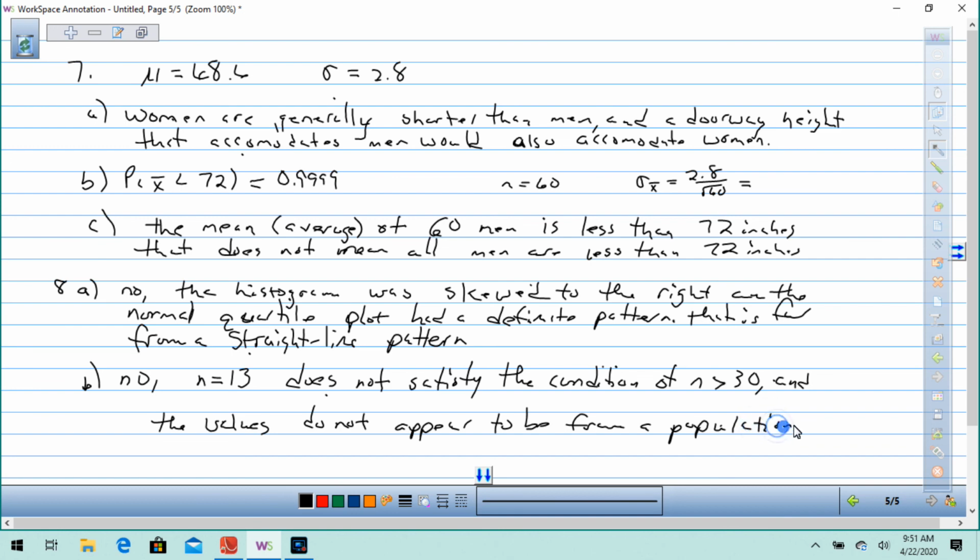No, n equals 13 does not satisfy the condition of n is greater than 30, and the values do not appear to be from a population that is normally distributed.